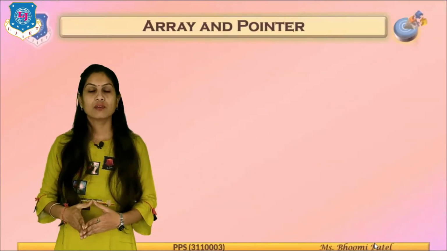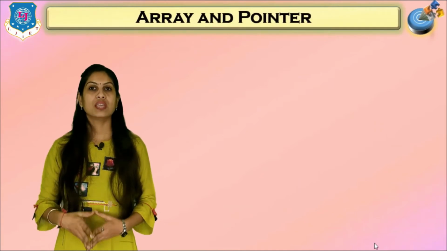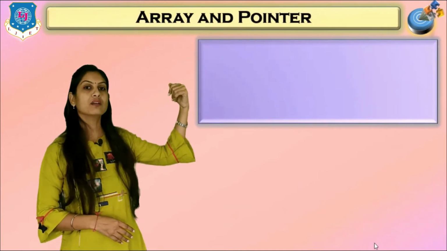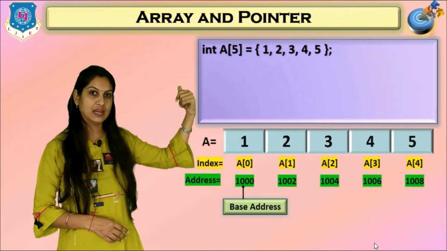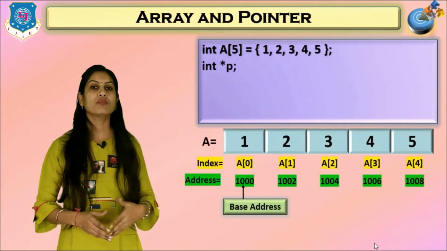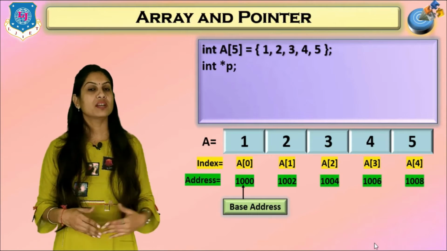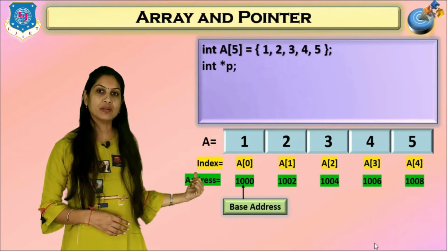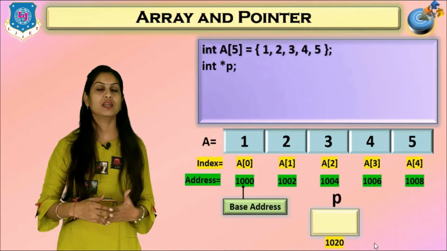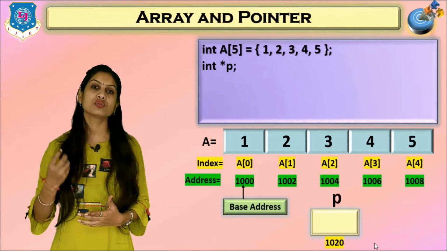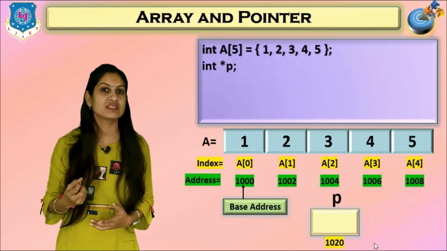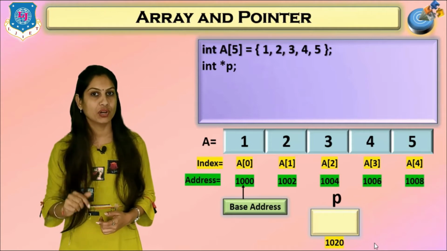Now how does it work with the pointer? So here I am taking another pointer variable. In the second line you can see the declaration of pointer, that is integer star p. So here my pointer is stored in one memory location 1020, and now my concept is to store the address of first element of array in that particular pointer.